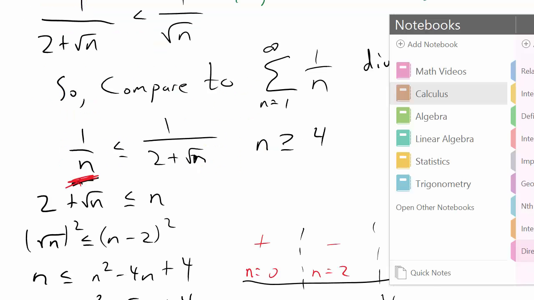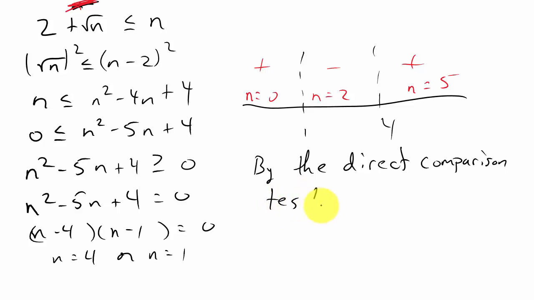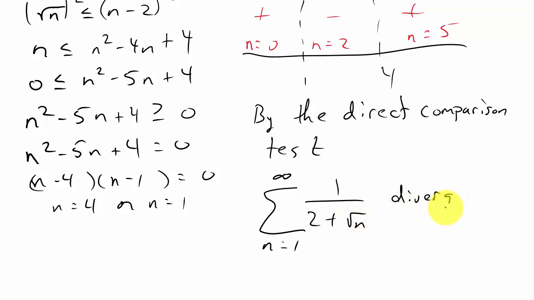And so that means by the direct comparison test, the series n equals 1 to infinity of 1 over 2 plus square root of n also diverges.